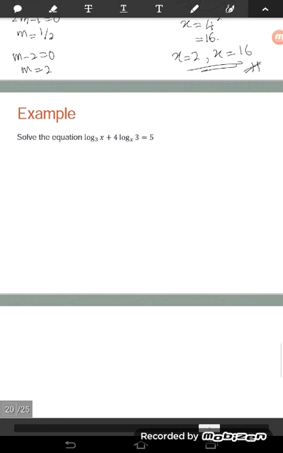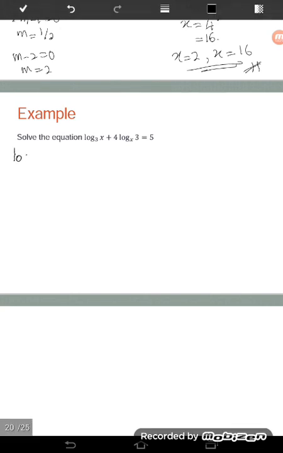Okay, so you will have log x base 3 plus 4 log 3 divided by log x. So base you choose what is the base that we need. Okay, so is equal to 5. So kita pilih je base yang kita perlukan, letak 3.